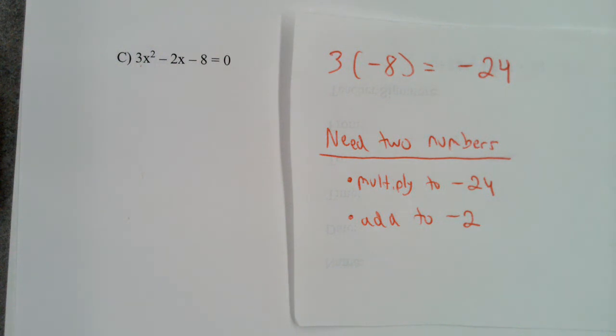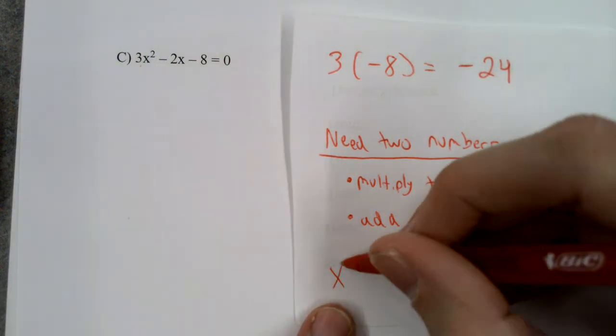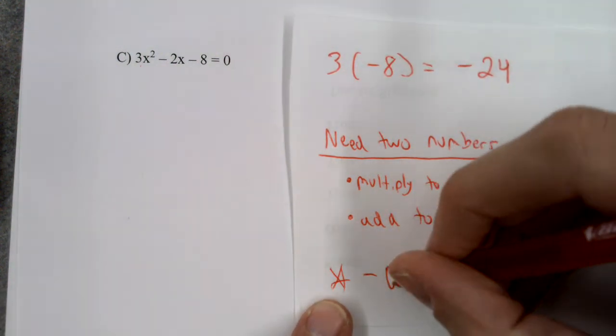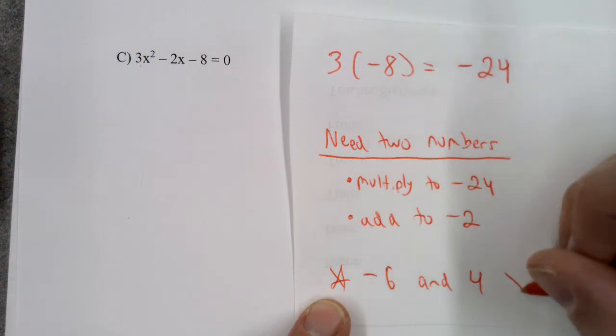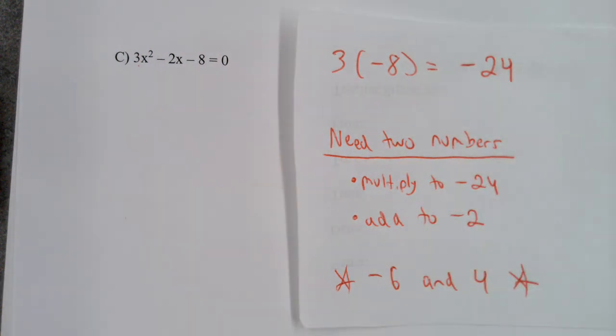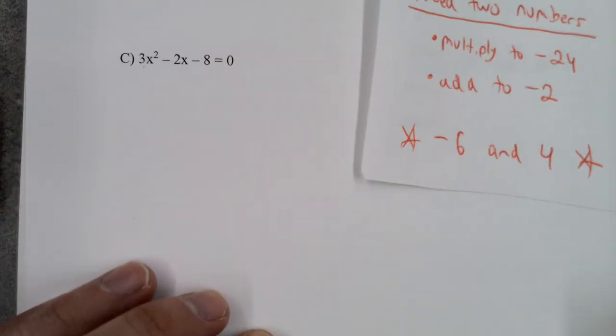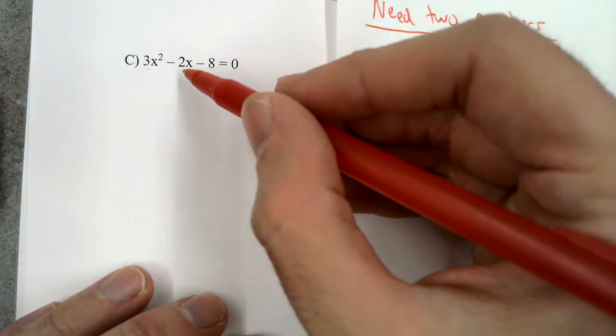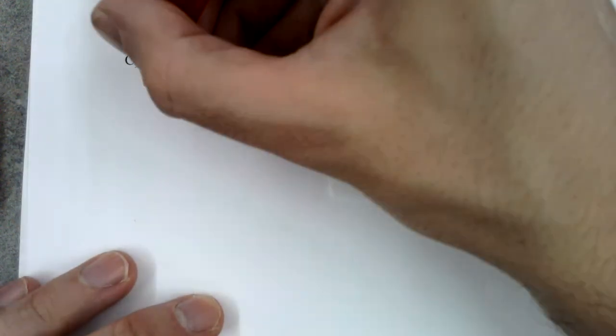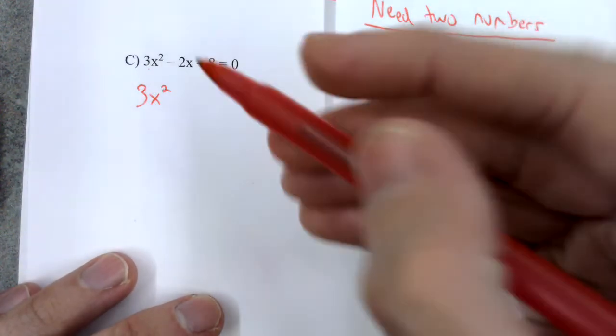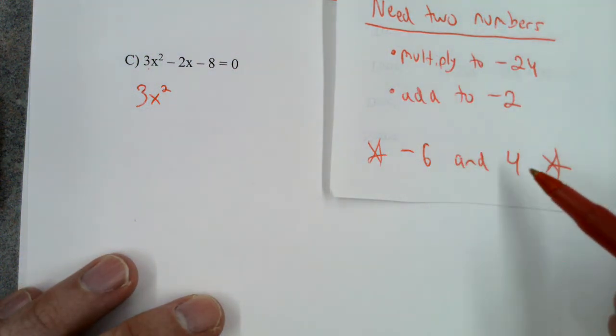Think about it. Pause the video if you need to, but it's negative 6 and 4. So you're going to rewrite the negative 2x using those two numbers. So 3x squared stays. Rewrite negative 2x as negative 6x plus 4x.